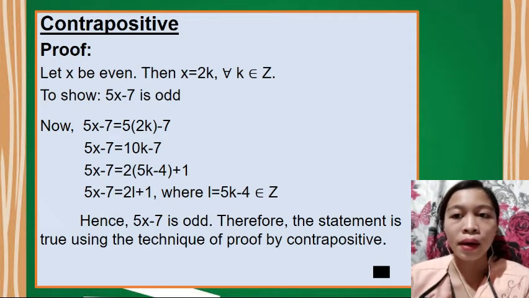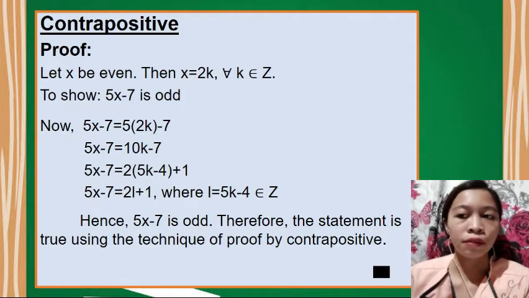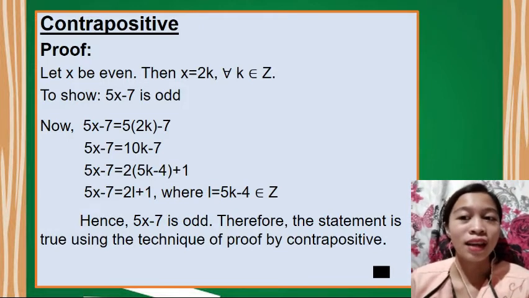Next, 10k minus 7 can also be written as 2 times 5k minus 4, plus 1. After that, we have 5x minus 7 equals 2l plus 1, where l equals 5k minus 4, which is an element of Z. Hence, 5x minus 7 is odd.